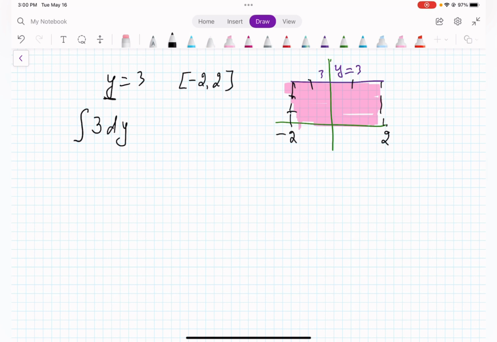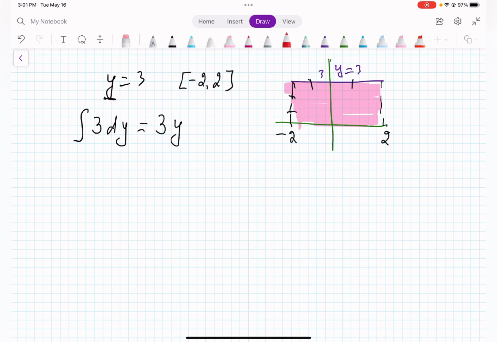So this is going to be how much? 3y, correct? Based on our formula for derivative and integral, it doesn't matter.